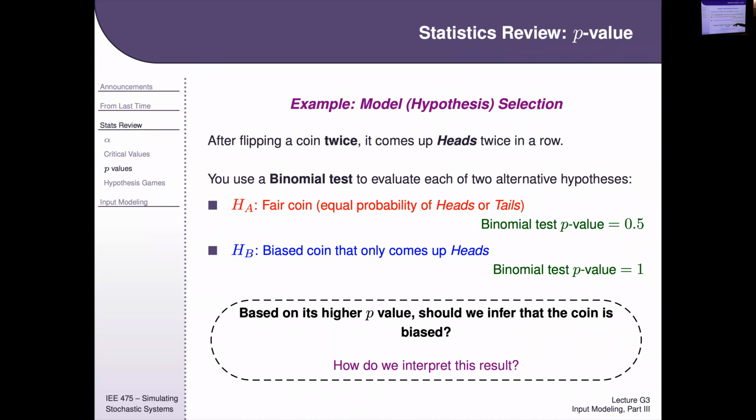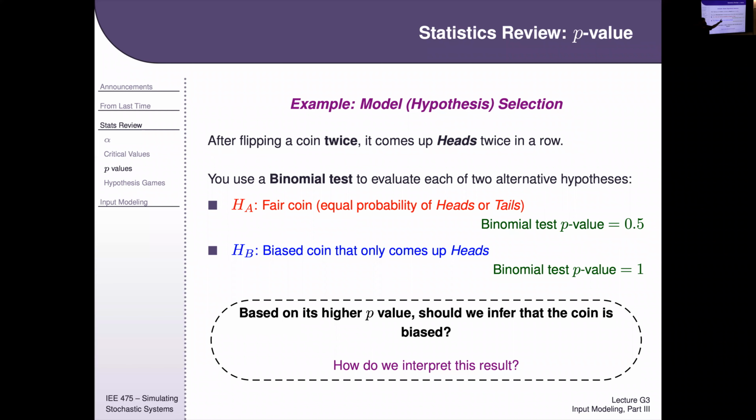Let's imagine you flipped a coin, out of my pocket, if anybody still has coins. You flip a coin twice, and it comes up heads twice in a row. Now I have two hypotheses for the fairness of that coin. It could be a fair coin, with equal probability of heads or tails, or it could be a biased coin that always comes up heads.